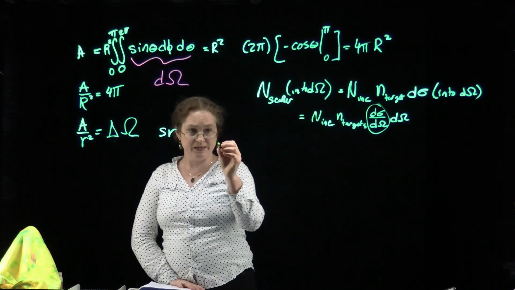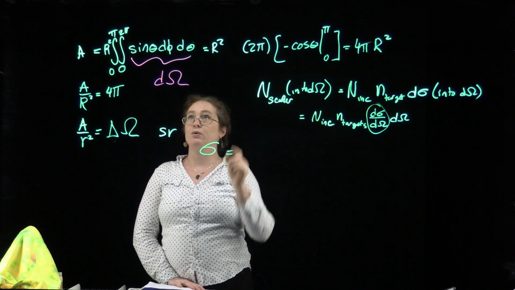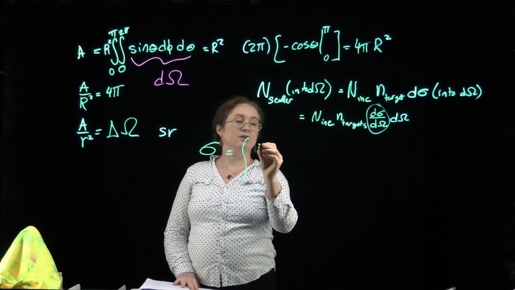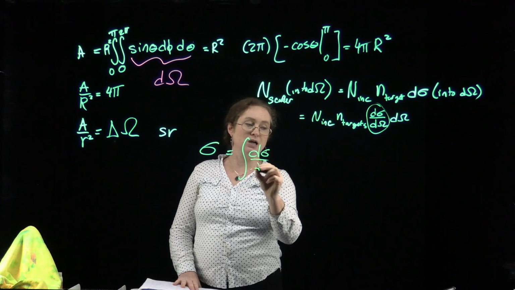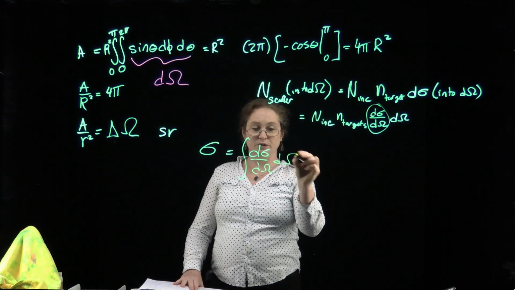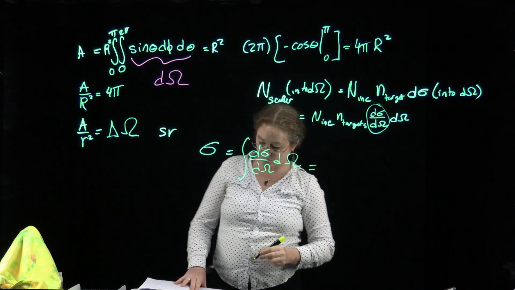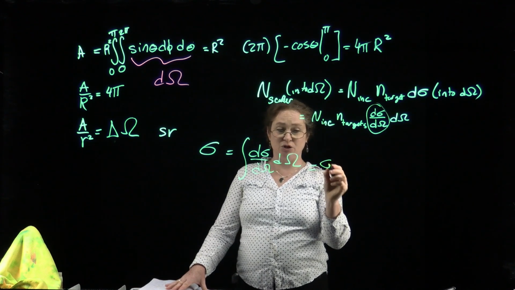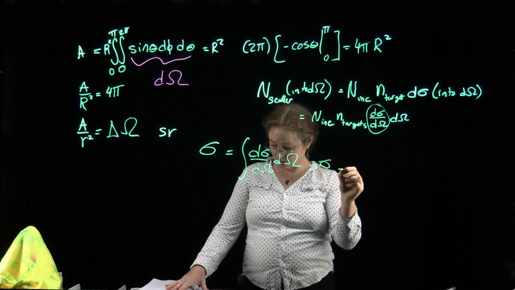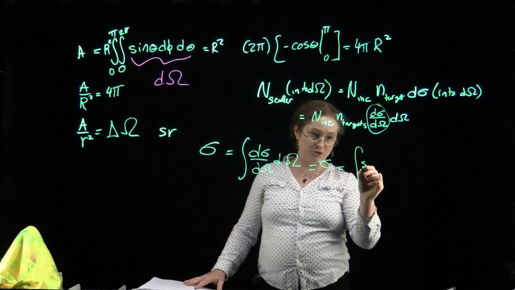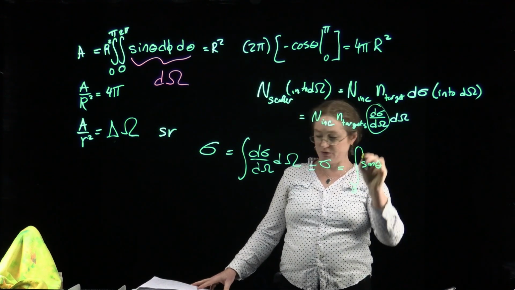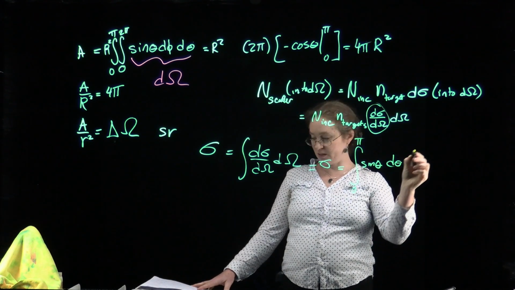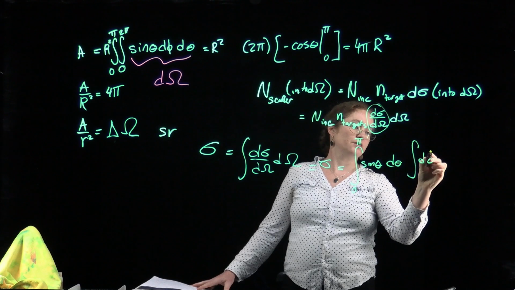Now, just like when we integrated over the full surface area of the sphere, if we integrate the differential cross-section over the full solid angle, then this should give us back the total cross-section. And this we can also write as the integral of sine theta, 0 to pi, d theta, integral d phi.